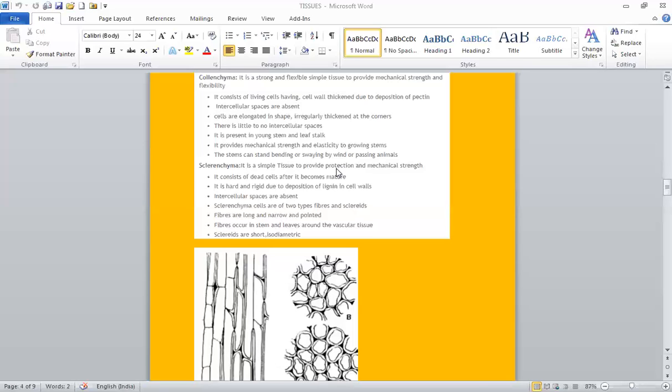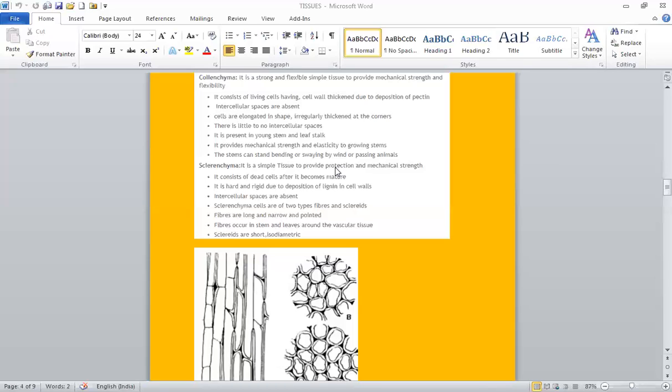We can also state the location: collenchyma is located in the flexible regions of the plant. It is specifically located below the epidermis of the stem, in leaf stalks, and in the midrib of a few leaves. And what is its function?